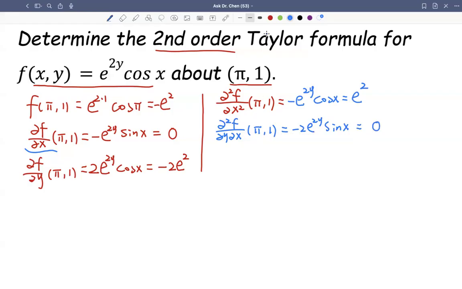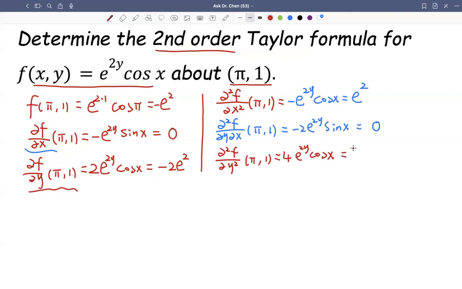Now the third one we need, let me change to red color. We need to find the second partial in the y direction. Then we evaluate at (pi, 1). So we take the derivative of this in the y direction again, so we get 4e to the 2y cosine x. Then we evaluate at (pi, 1).